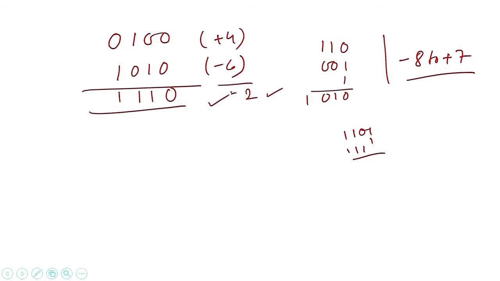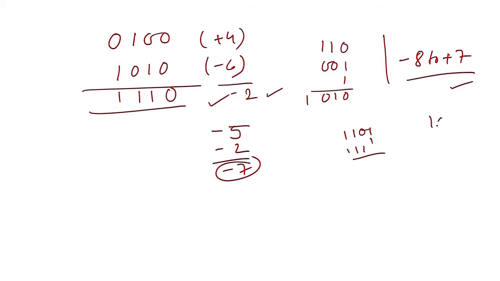So, this is done. Now, you take more examples. Let us say the example is minus 5 and minus 2, that is minus 7. So, it is satisfying. Now we have to see the result.